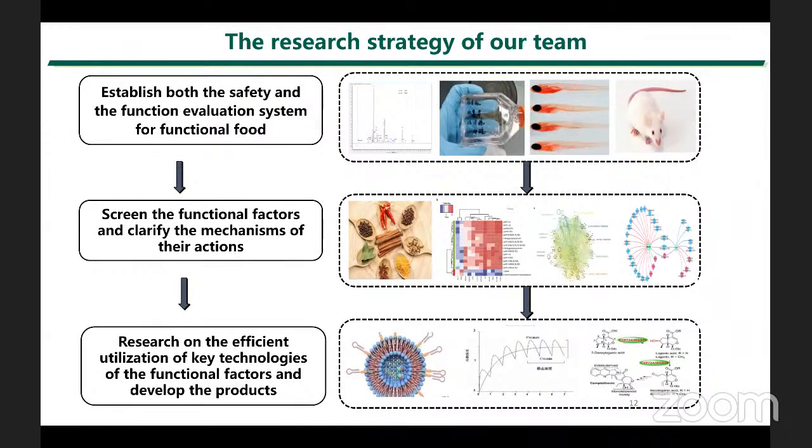The research of our team is mainly about three aspects. Firstly, we established safety and functional evaluation systems for functional food. Then we described the functional factors and clarified the mechanisms of their actions. Finally, we researched key technologies for efficient utilization of the functional factors, and then developed products, especially functional foods.